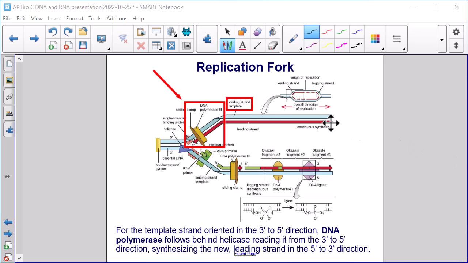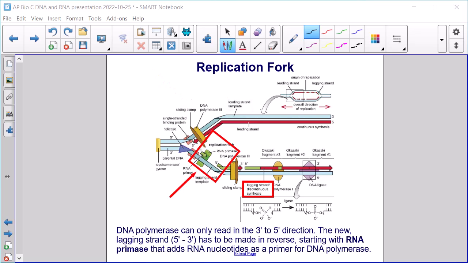So our new strand happening continuous synthesis in the 5' to 3' direction. DNA polymerase can only read in the 3' to 5' direction, or that's to say, in the direction of the leading strand template.